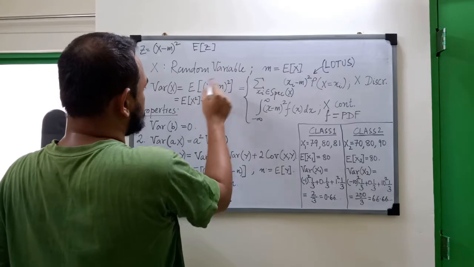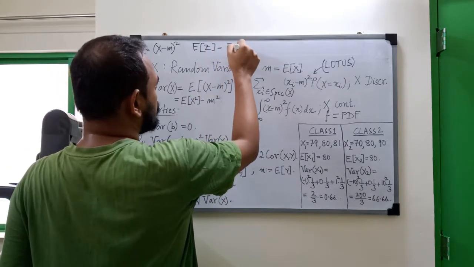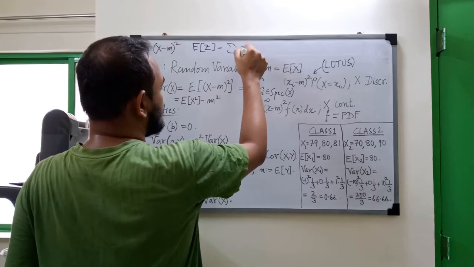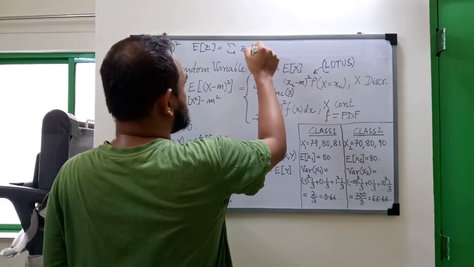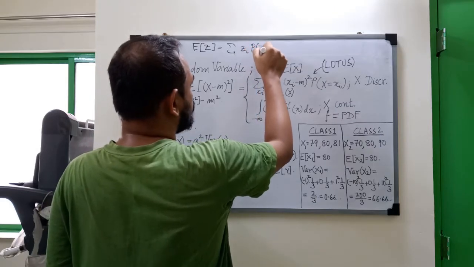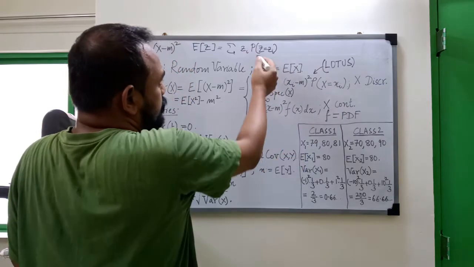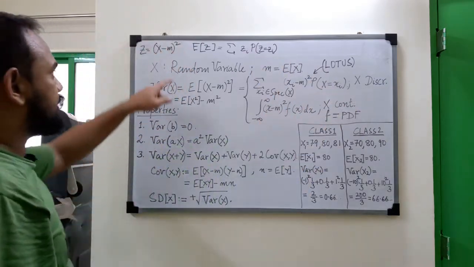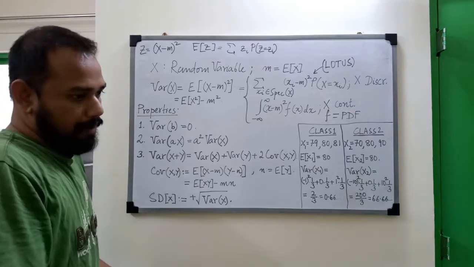Technically speaking, the expectation of Z will be the summation of zi times the PMF of Z, which should be different from the PMF of X. If Z is a different random variable than X, then it should get its own PMF.